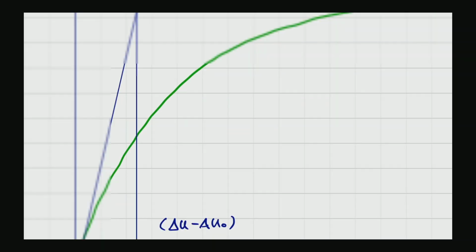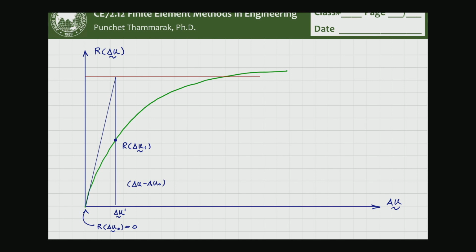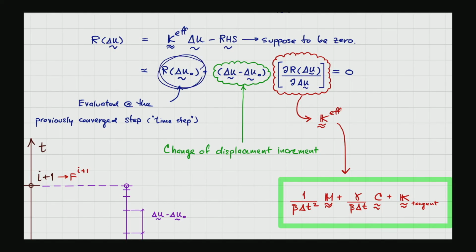Then the procedure just proceeds this way. So the evaluation of residual is changed to this next point, delta U1 is coming in, which is this thing.